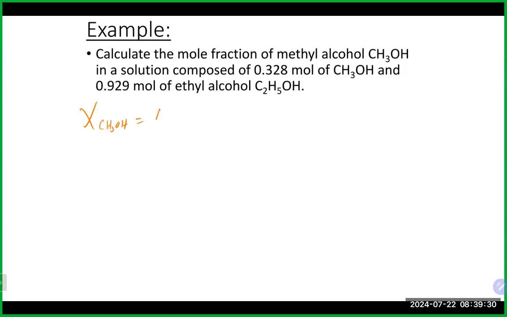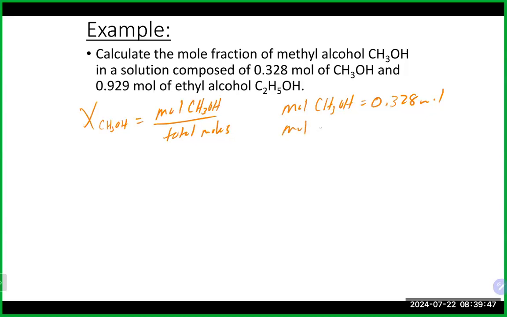That would mean we need the moles of it over the total moles in this particular solution. Obviously we have the moles of this one given to us, which is 0.328. We also have the moles of the other part of the mixture, which is 0.929 moles. We add them together.